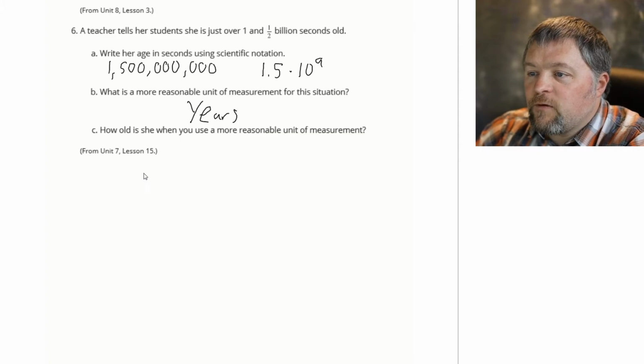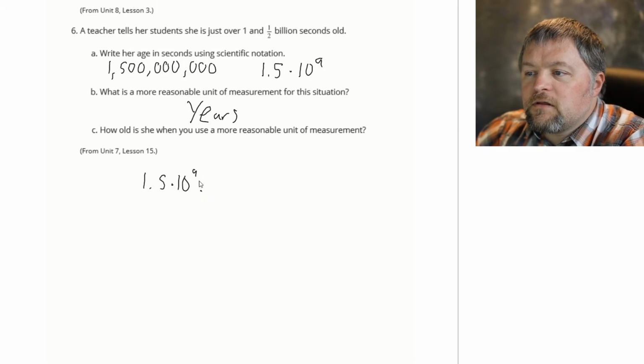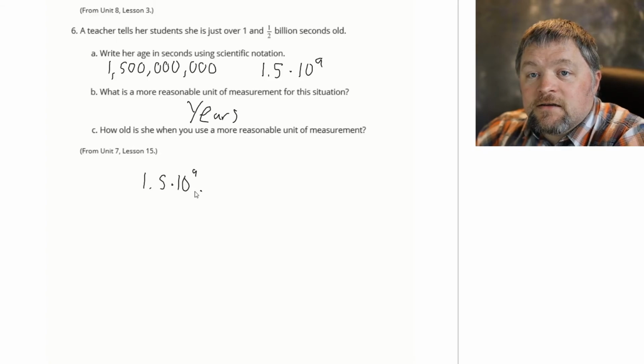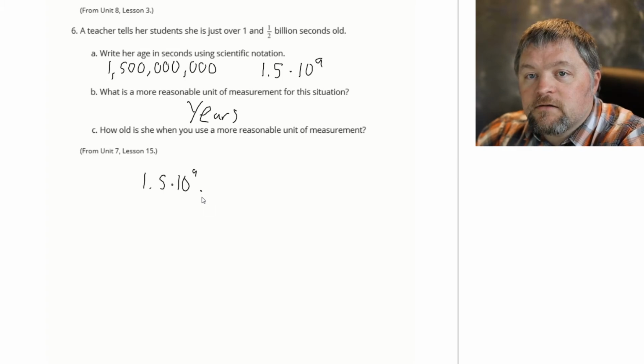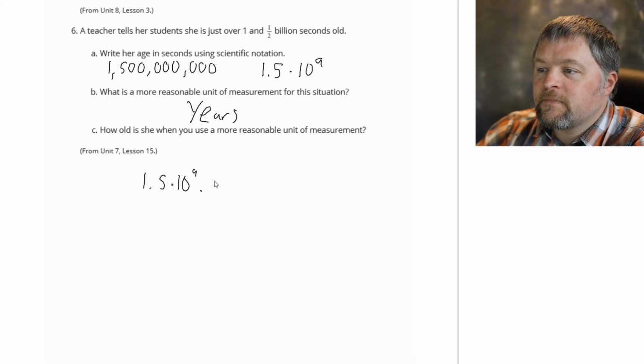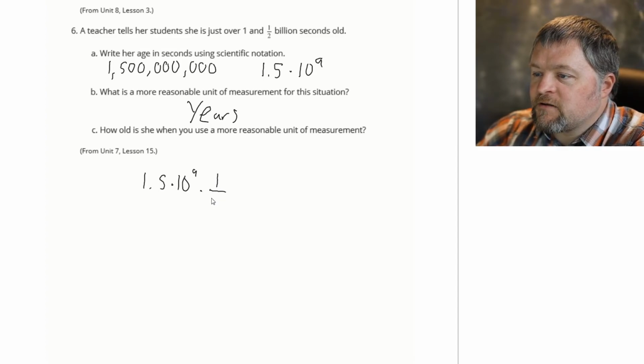Well, if we want to do 1.5 times 10 to the power of 9, now that's seconds. If we wanted to convert it into minutes, we would divide it by 60. There's 60 seconds in a minute, right? Dividing it by 60 is the same as multiplying by 1 over 60.